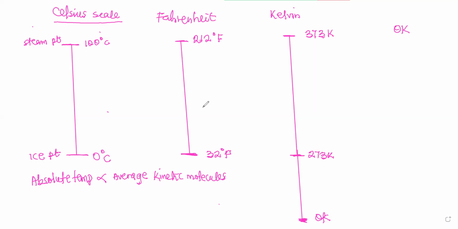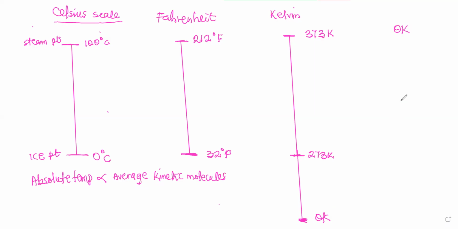So if we cool off a substance, I said we can increase the temperature of a body to any value. Increasing temperature has no limit, but decreasing temperature has a limit, and the limit to which a body's temperature can be decreased is 0 K.